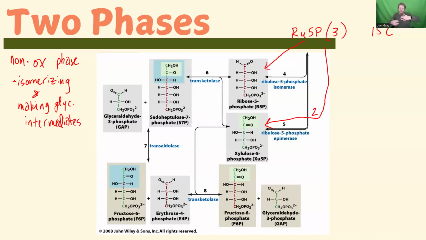And intermediates meaning molecules that can be plugged into glycolysis. Okay, so back to where we were.